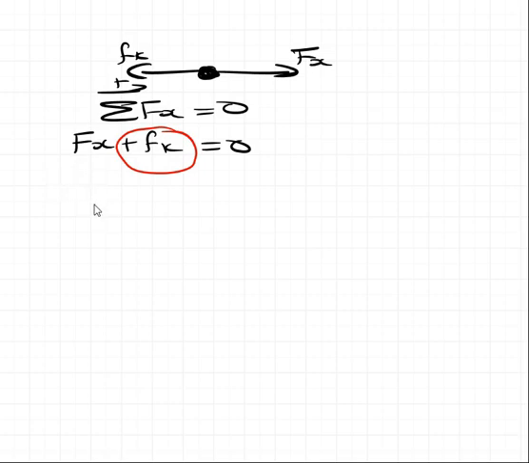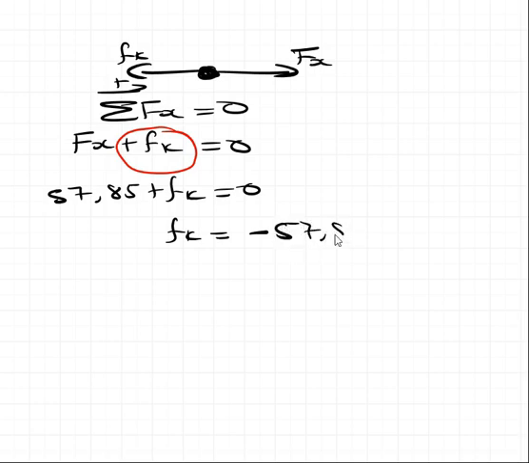We calculated Fx to be 57.85 plus the Fk, which gives us 0, meaning the frictional force is now minus 57.85, right? Then we can further justify this and say it's 57.85 newtons to the left, because we chose to the right as positive. So anything which is negative simply means it's to the left.